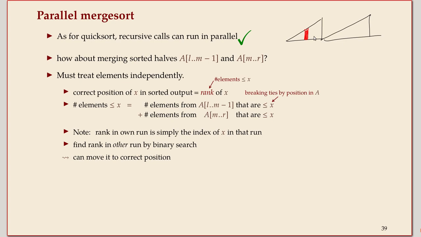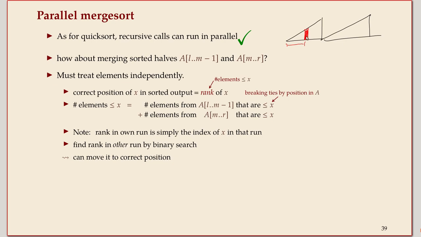It's sorted. It's bigger than all these and smaller than all those. In the final sorted output, its position is the number of elements that are smaller than it. The position of an element in the sorted list is its rank, which is the number of elements less or equal to this given element.